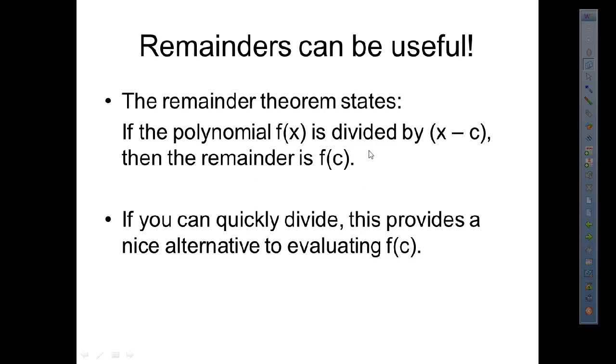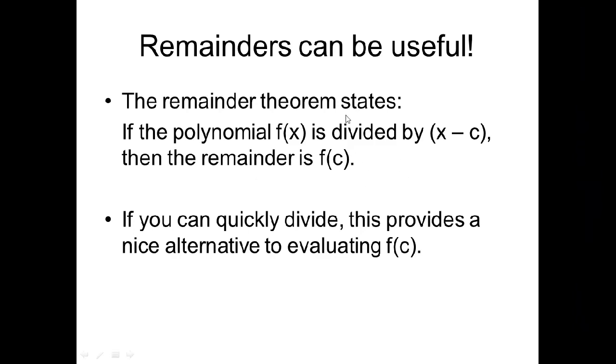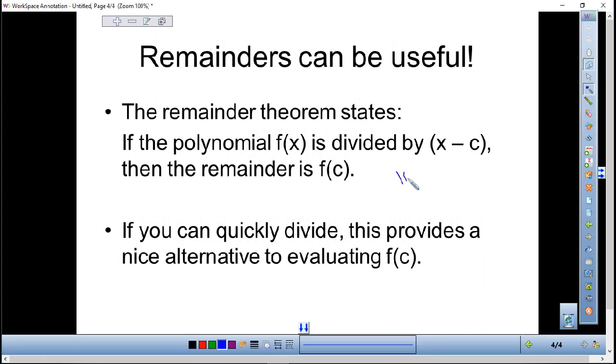What this says is this: if you divide by x minus 2 and you evaluate f of 2, the remainder of this thing is going to be equal to what you get when you plug 2 in to the polynomial. That's what that says. The remainder is nothing more than the function evaluated at that value right there.